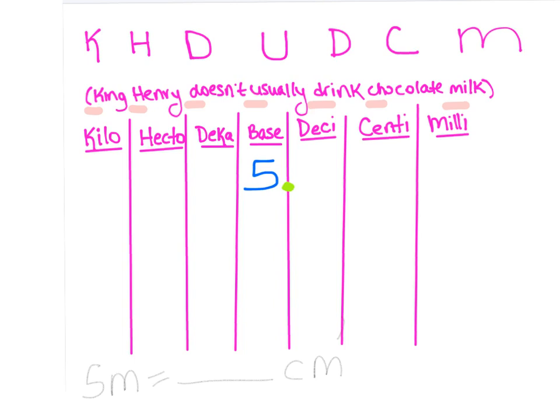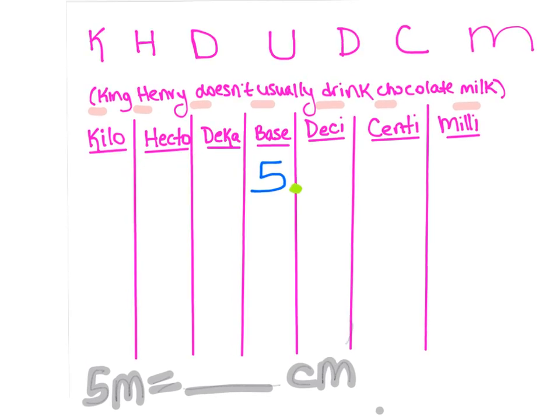So I have the 5 in the base unit. I'm looking at 5 meters, and if I want to know how many centimeters is 5 meters, you'll notice that where I have the 5, because it's 5 meters, that's in the base unit spot. The decimal point is always going to come to the right of the number and the unit. So the decimal point is to the right of meter before the next unit.